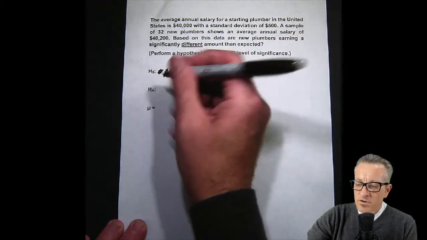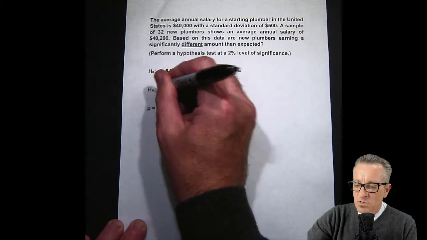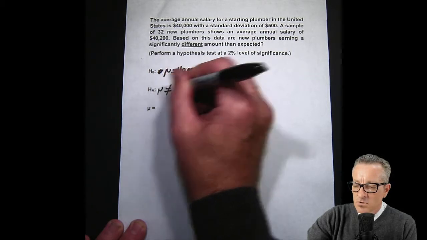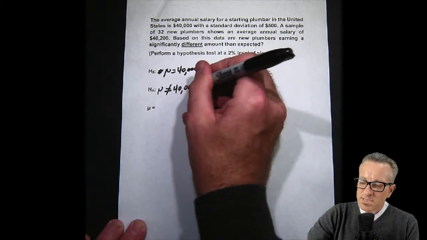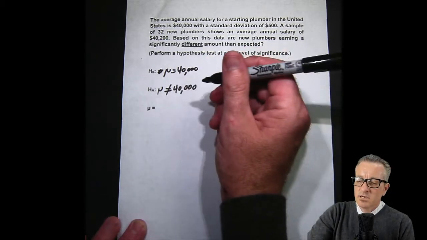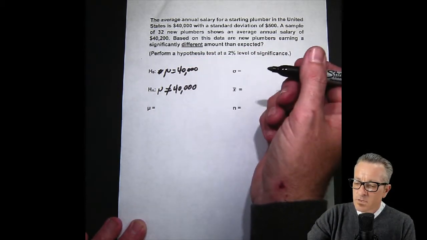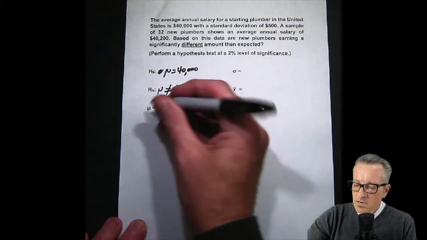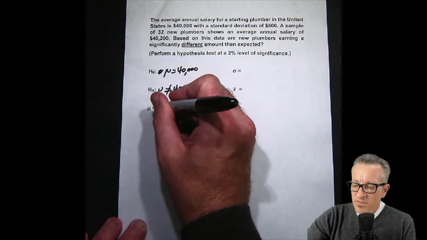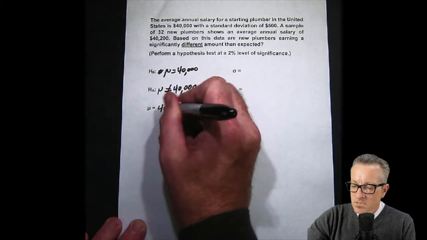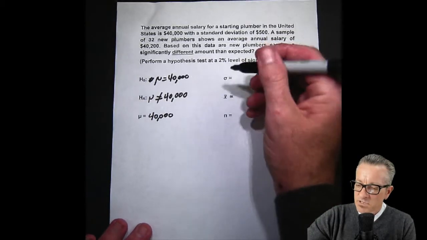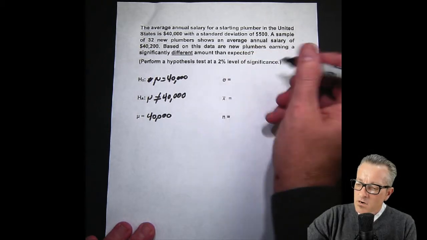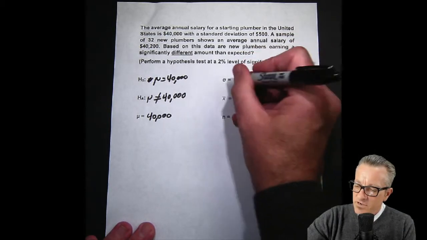And then our alternative hypothesis is mu does not equal 40,000. So this is a good example of the difference between one tail and two tail. And then our mu is still 40,000. So a lot of this data is the same as the last time, except we're just doing a two tail versus one. Our standard deviation is 500.